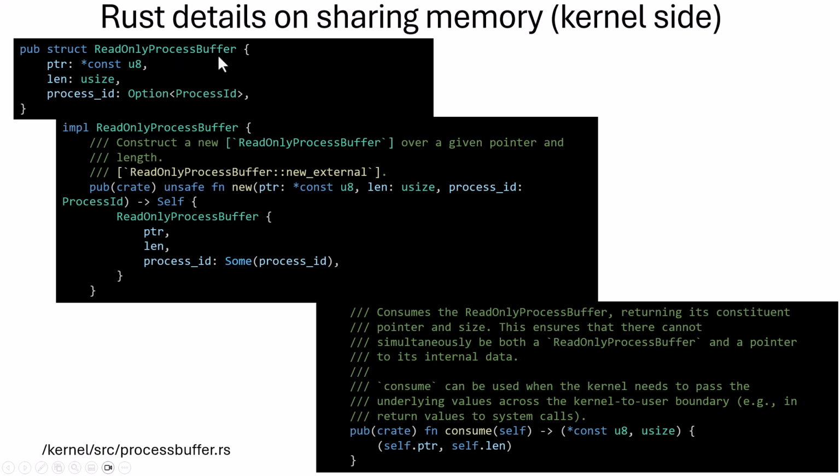For the read-only process buffer, there's a couple parts to that. It's a struct, and it wants a pointer to that buffer in memory that's going to be passed from the process, and in our example had the sound data, the audio data, the size of that buffer, and also the ID of that process.